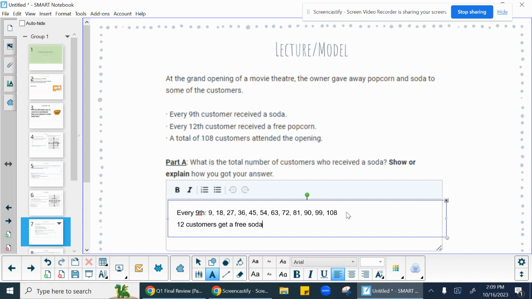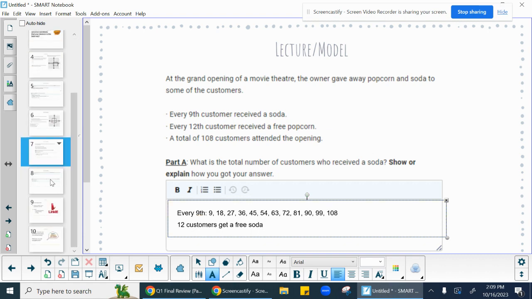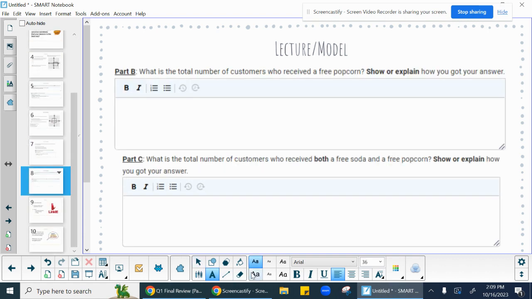All right. Now let's keep going. Let's look at parts B and C. What is the total number of customers who received a free popcorn? If we look on the last slide, every 12th customer received a free popcorn.